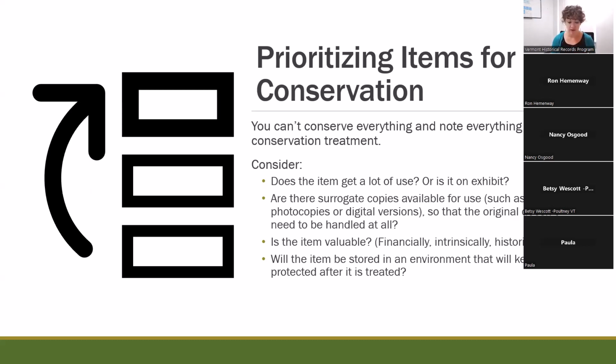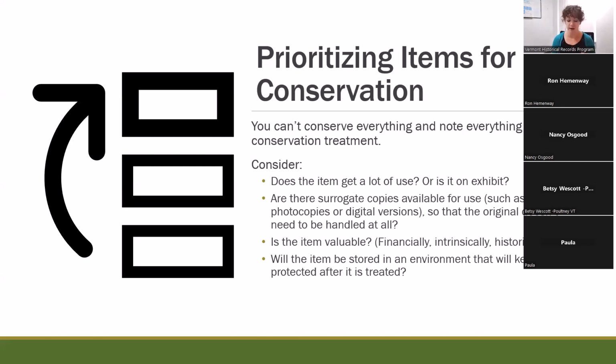You may want to consider the value of the item. Value can be monetary, but there are other types of value. If it's only the information in the item that's valuable, then it may not need to be conserved since there are other ways to capture that information. Again, in those copies, you can capture that information in transcripts, those sorts of things.